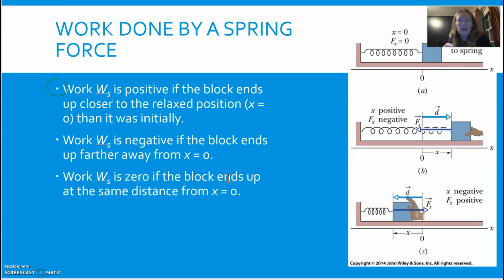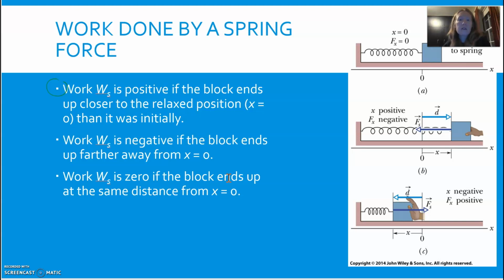So then the X value is going to be less than it was before. And you're going to have some positive work done there by the spring on the block. We're ignoring the force of the person on the block in this picture right now.